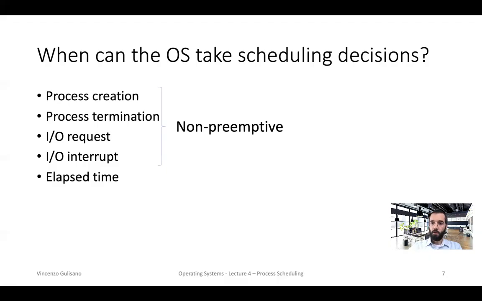If we include this option in our scheduling, then we are talking about preemptive scheduling, in the sense that the process can be preempted after a certain period of time, so the operating system can actively decide the condition upon which it will be preemptive and say, well, in 10 milliseconds, I will wake up again, so that I can take my next scheduling decision. Okay, this is with elapsed time. Otherwise, we talk about non-preemptive scheduling.